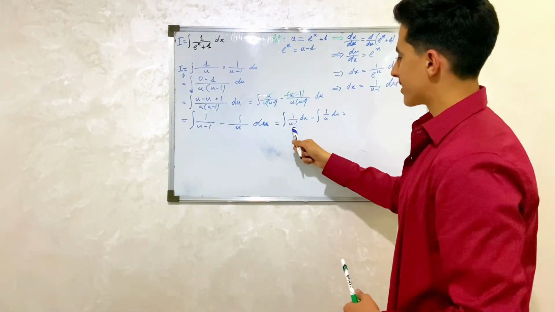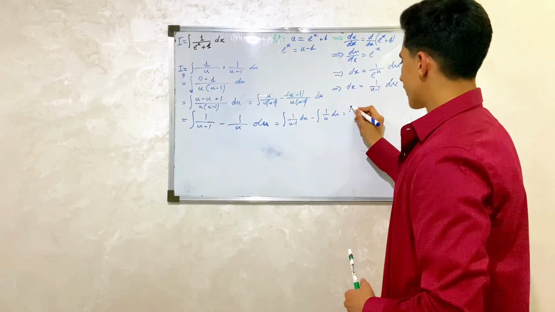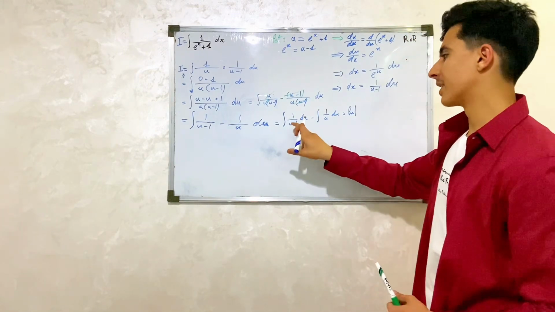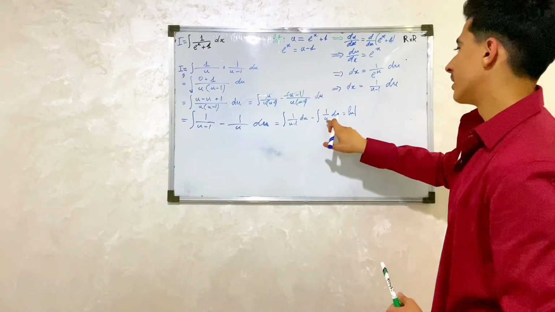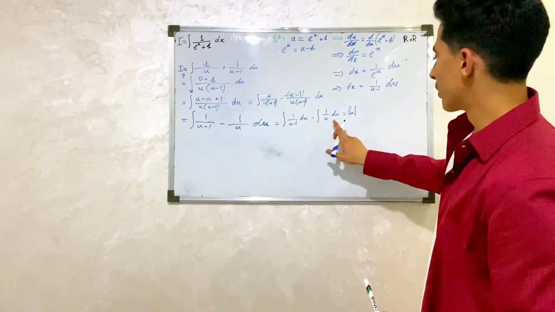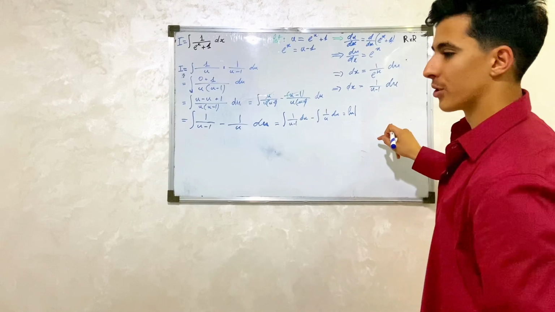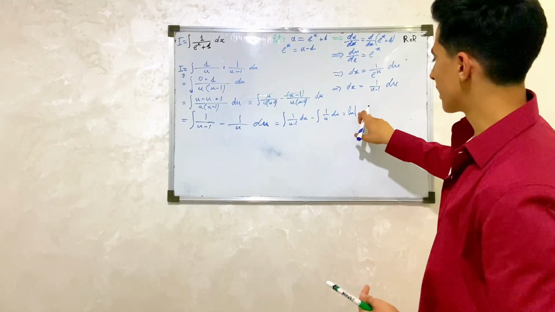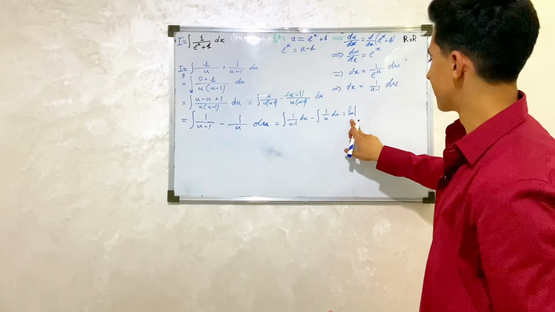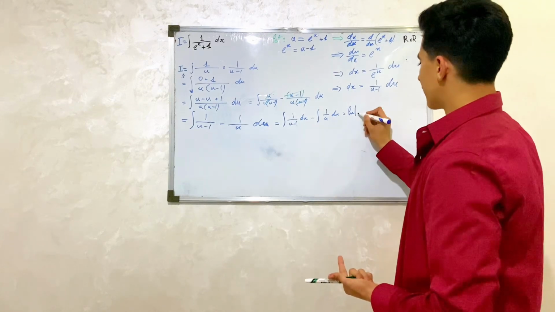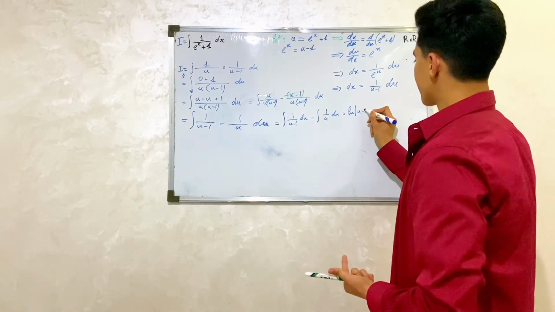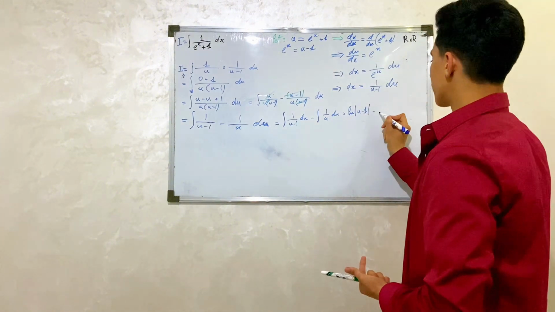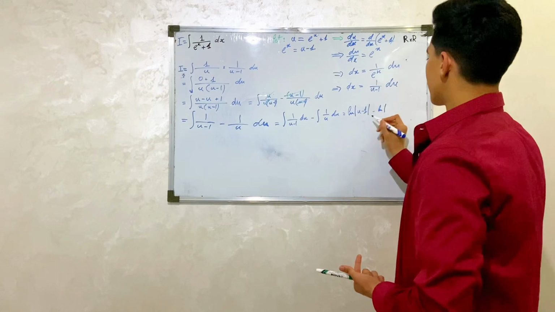The integral of this here is just the natural log of the absolute value, because we don't know if this is going to be negative or positive yet. Neither do we for this. So we are going to add absolute values so that we don't go into complex numbers. We need to keep the inside of the natural log positive. So here we have the natural log of u minus 1 minus the natural log of u.